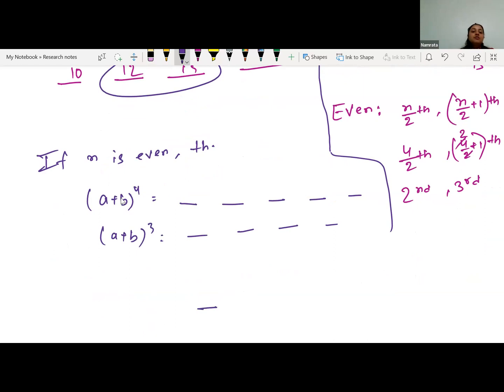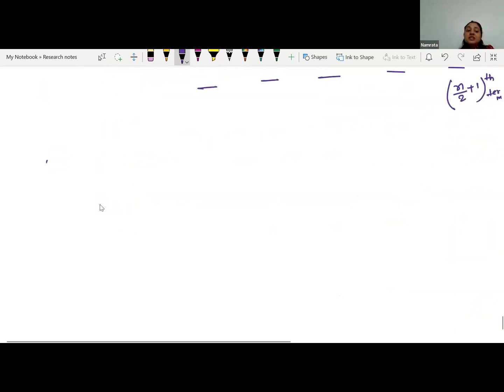And if the number of terms is odd, then for the middle term, there is a formula: the n by 2 plus 1th term will be the middle term. So I am going to write the formula. Please don't get confused. If n is even, then there is only one middle term. Why?